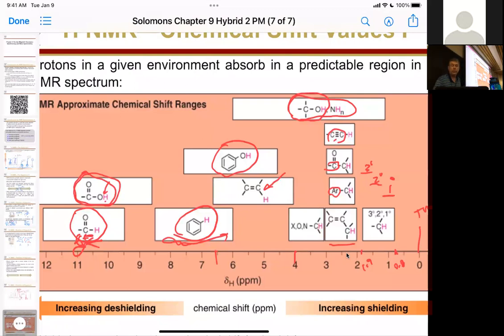Okay. Now, the other thing to look at is this last one here, which I forgot to mention: if you have a halogen or an oxygen or a nitrogen bonded directly to the carbon, but not an alcohol, you're going to be shifted above that into the 2 to 3 range. So all of your carbons with hydrogens with chlorines on them are going to be 2 to 3. Bromine, iodine, they're all going to be in that same general area.